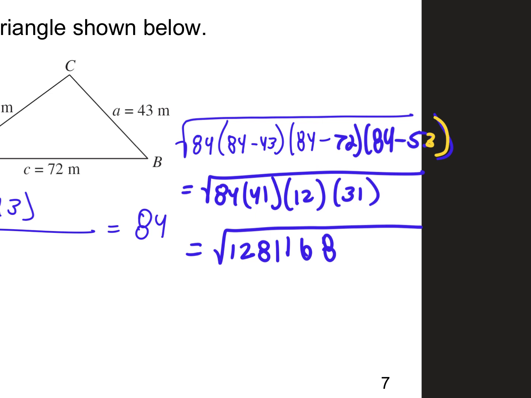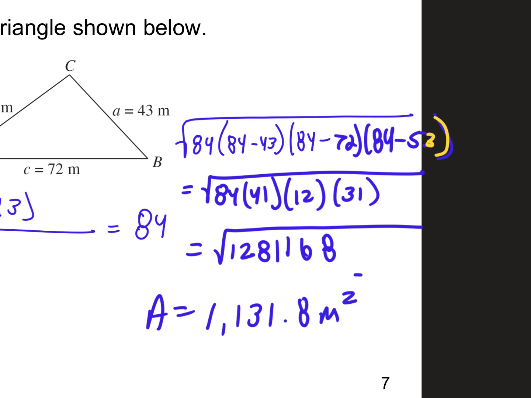You guys with me? And then what's our last step? Take the square root. What'd you get? 1,131.8. All right, we're measuring in meters what?